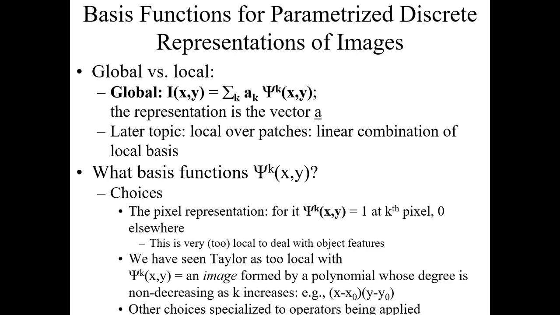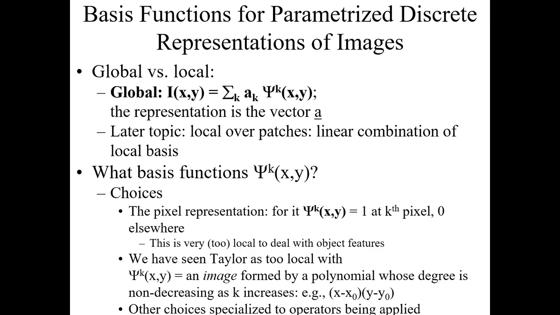So the essential question we have to deal with, and I'm going to stop with this next paragraph, is: what should be the basis images? What should be the psi-Ks? We've seen two possibilities, actually. One is that the basis images are 1 at the kth pixel and 0 elsewhere.